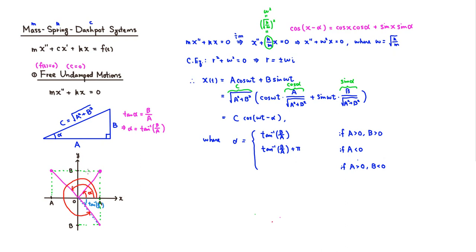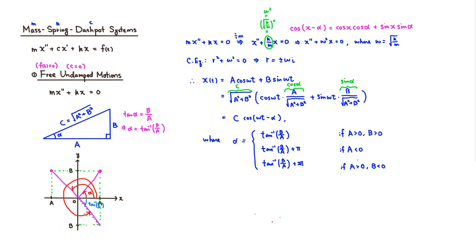But the arctangent is going to give you a negative value. So what we do is add 2 pi to get to the right angle. So you have arctangent of B over A plus 2 pi when the angle is in the fourth quadrant. All right, so that's how you find alpha.